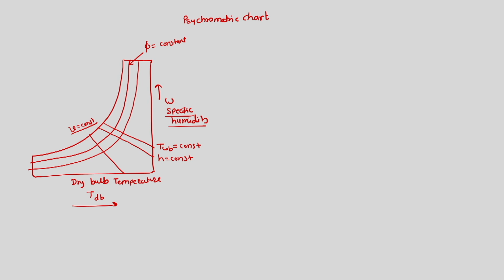So these are the different lines on this psychrometric chart. Now we are going to see the different processes on the psychrometric chart. Suppose we take a TS diagram, then this line shows an isothermal process, this line shows an isentropic process, and then there would be one more line like this, which is a constant pressure process.